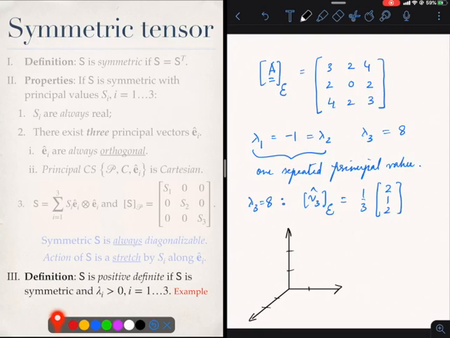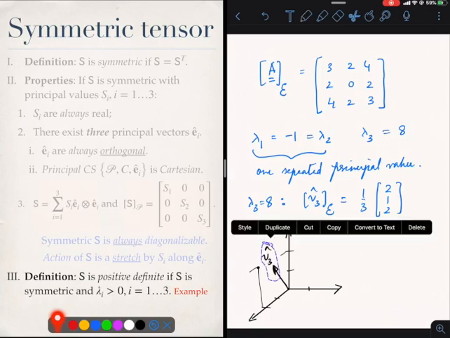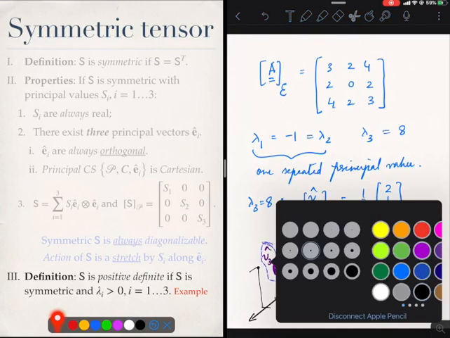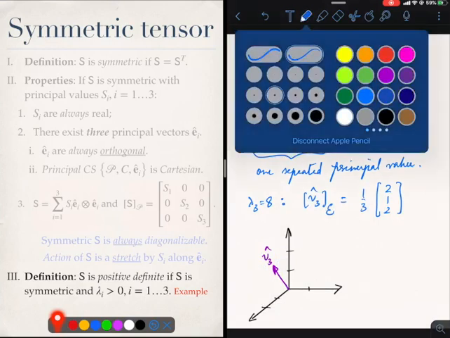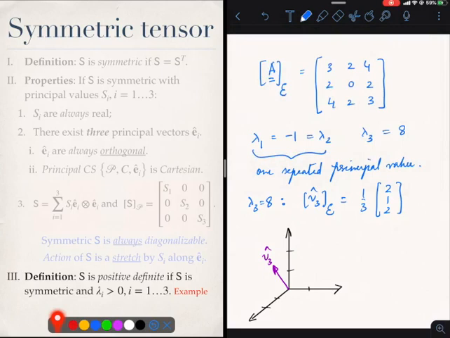I got this point, and it has to come out by 1. So this is V3. Let's give it a different color this time. Okay, very good. So here's my eigenvector, or rather my principal vector V3.